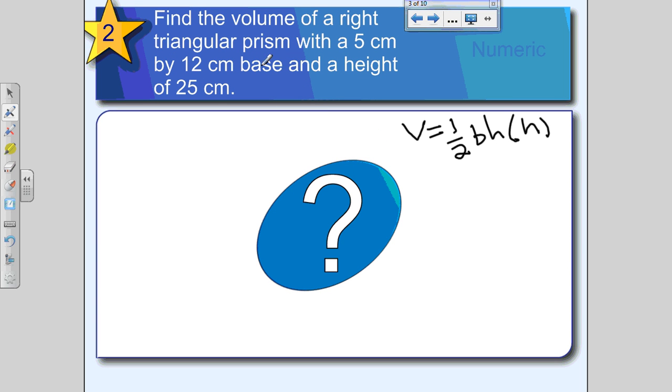Next, find the volume of the right triangular prism with a 5 cm by 12 cm base and a height of 25 centimeters. We looked at one of those in our last video.